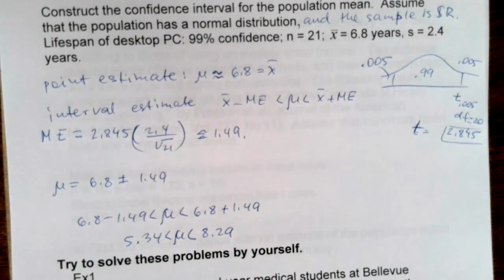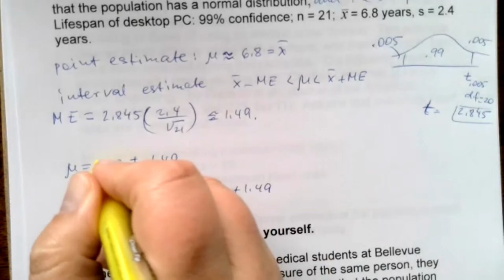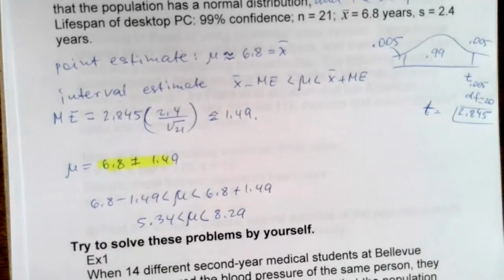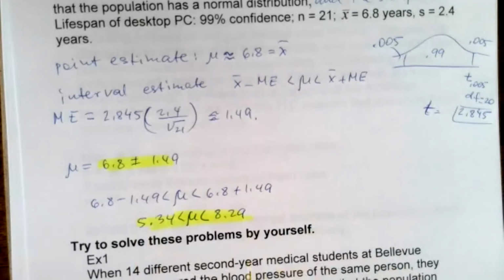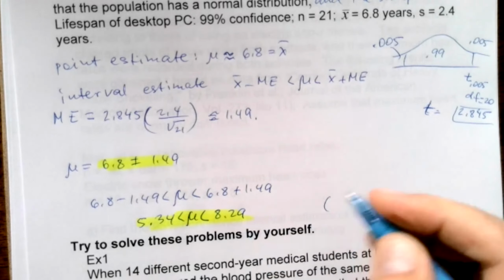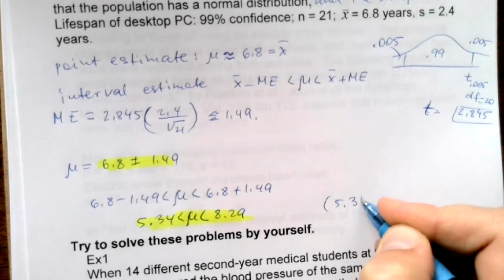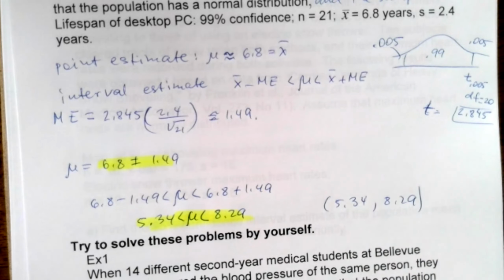So we have three different ways of writing our interval. We can write it in this way, in this way, or we could just use interval notation, writing the interval from 5.34, comma, 8.29.